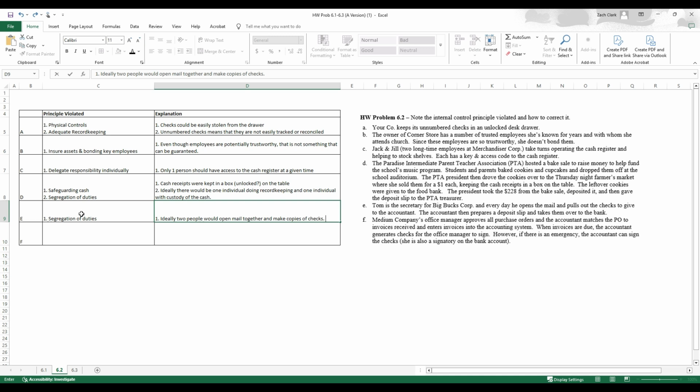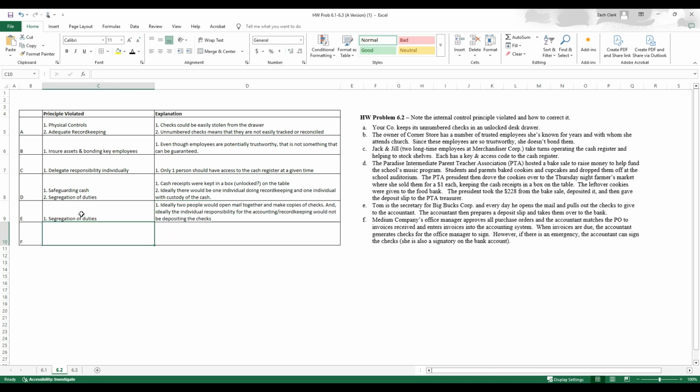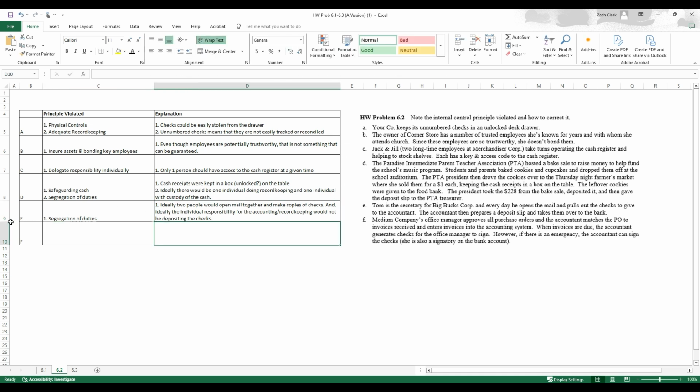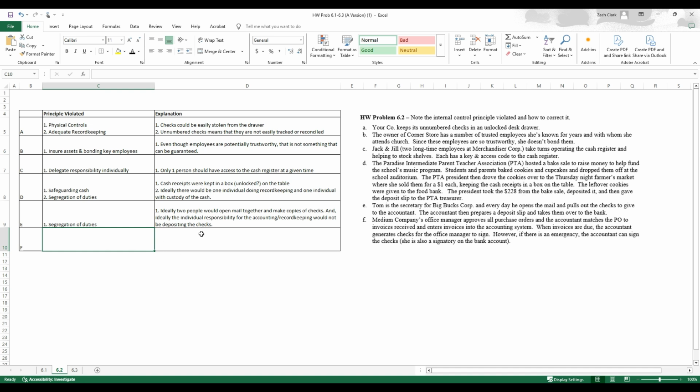So ideally, two people would open mail together and make copies of the checks, and ideally, the individual responsible for the accounting / record keeping would not be depositing the checks. You would have some other individual actually taking the checks and depositing them, so that you separate out those duties as well.